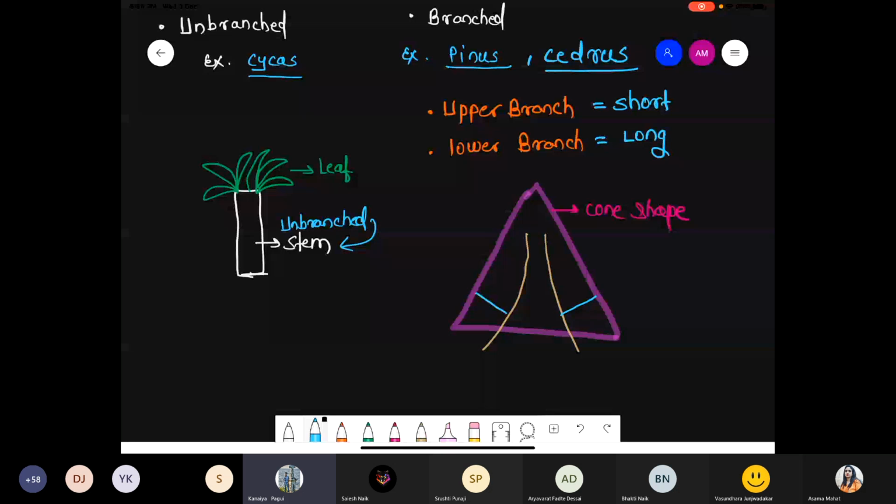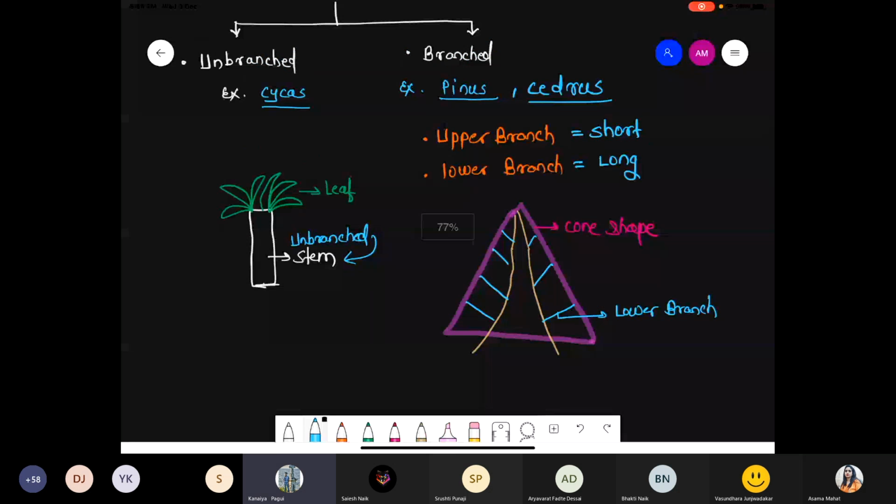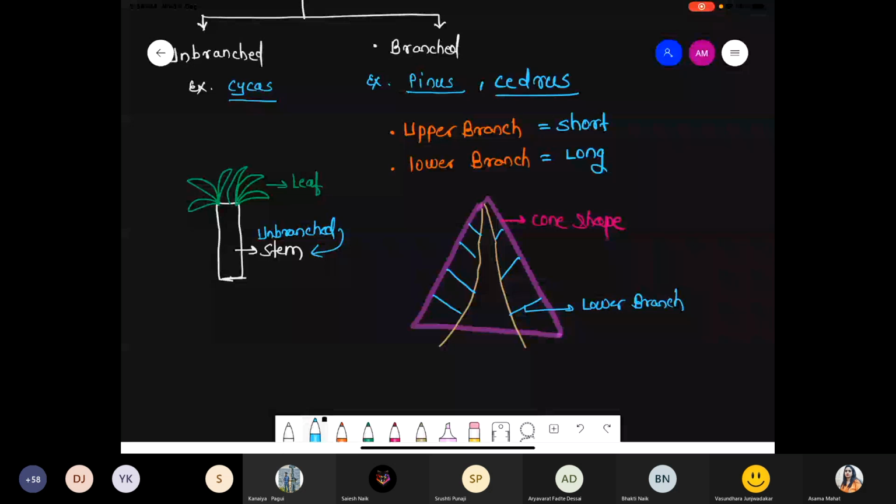But once it reaches up to the top, the length of the branches quite decreases. These are called the lower branches, and lower branches are long in size, right? And the upper ones, these are the upper branches, and the upper branches are short in size.